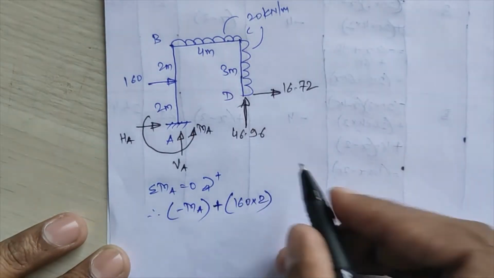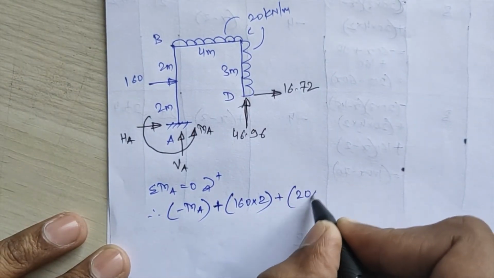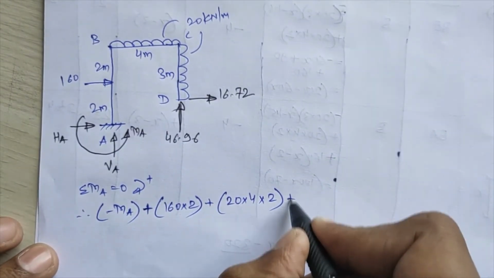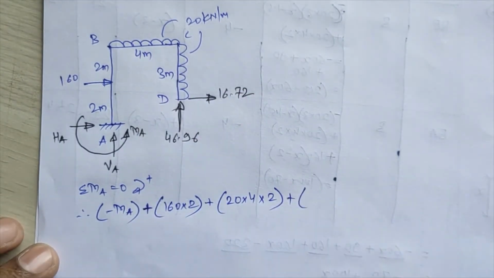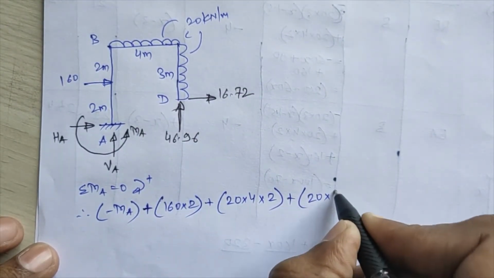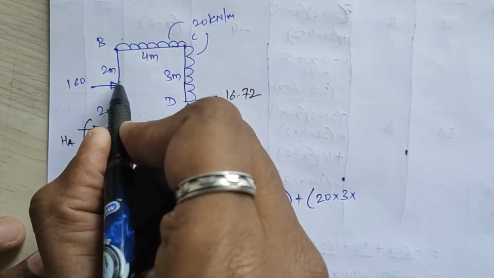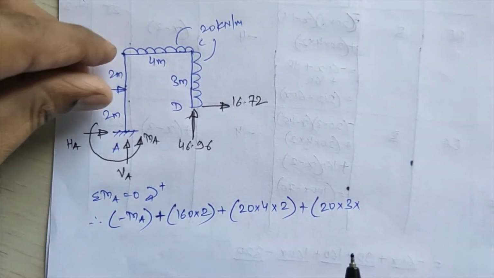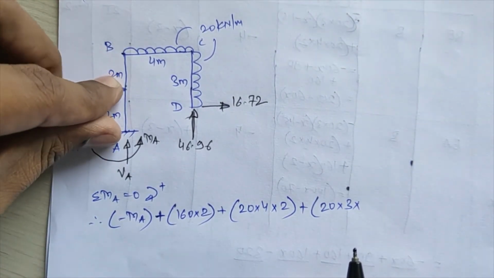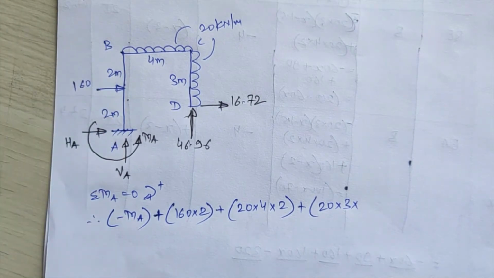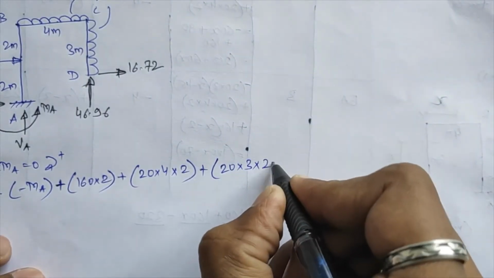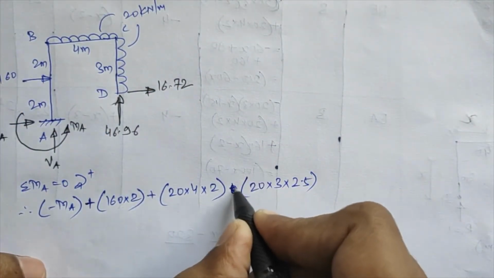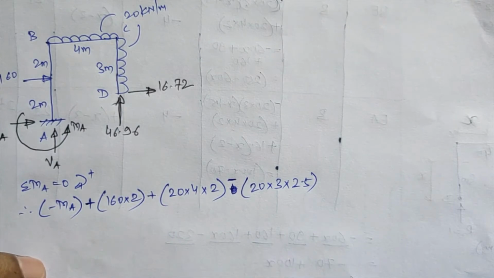Next, moment of the BC portion UDL, that will be 20 into 4 into 4 by 2, that is 2, plus moment of this UDL, 20 into 3 into, now this will be acting at 1.5. So total length 4 minus 1.5 will be the lever arm for that force. That comes equal to 4 minus 1.5 equal to 2.5. But that moment will be anti-clockwise in nature, so instead of plus, that will be negative.